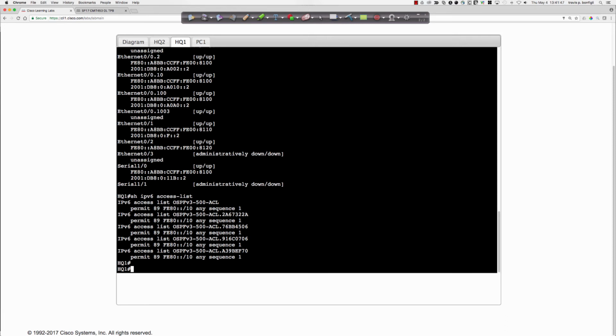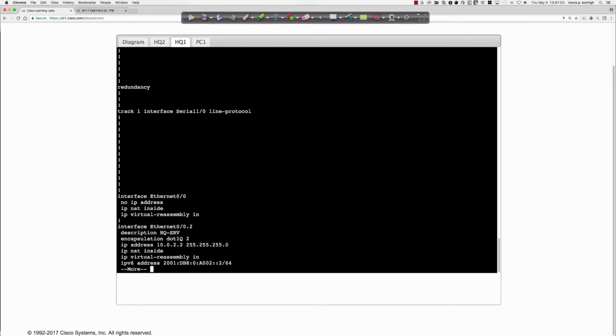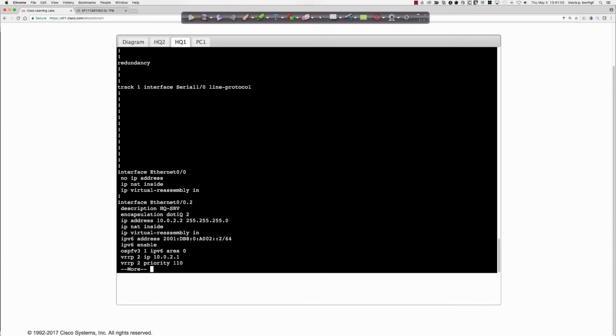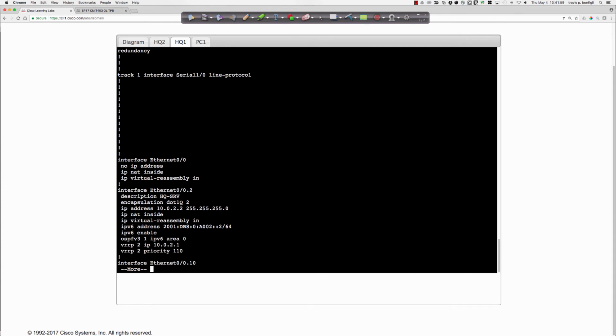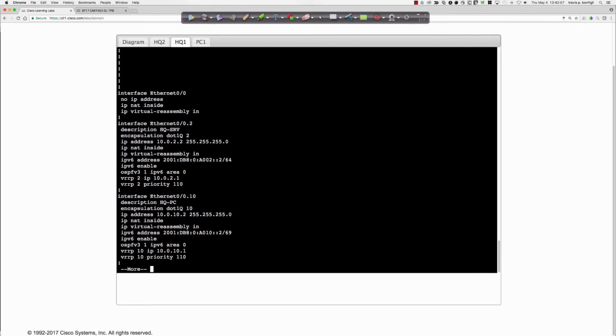Are any of them tied? Let's just do a show run here real quick, to get to the sub interfaces in particular. What I'm looking for here is to see if any of these IPv6 ACLs are applied to the sub interfaces.